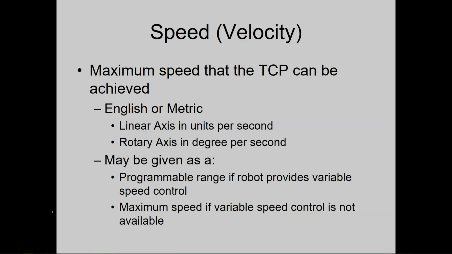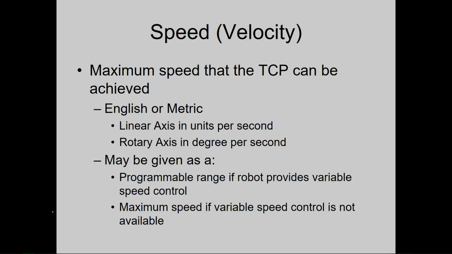So the next thing we look at is speed. The maximum speed that the tool center point can be moved is generally given to you in either English or metric, usually both. If it's moving in a straight line, it gives you units per second.